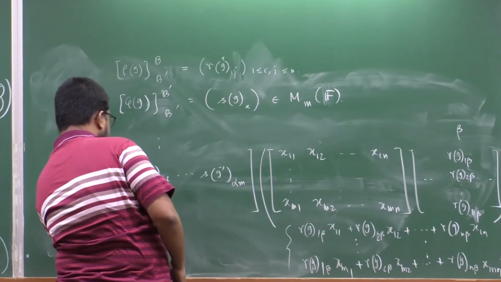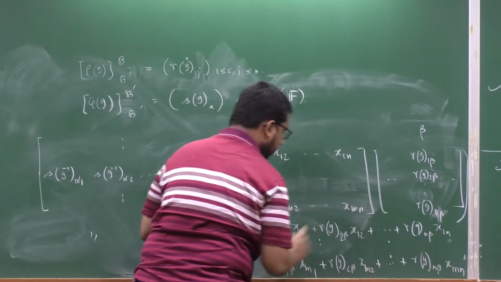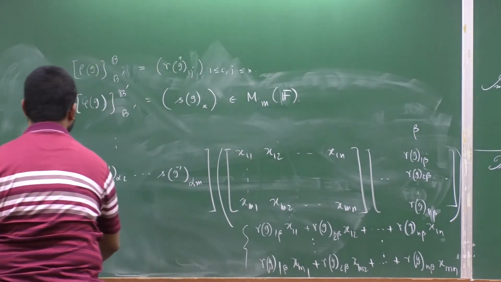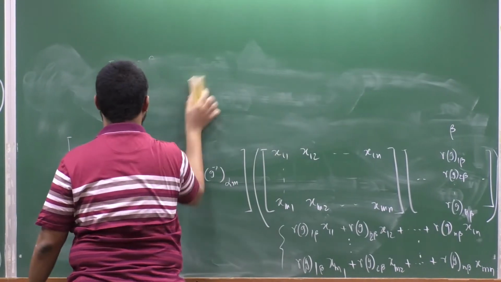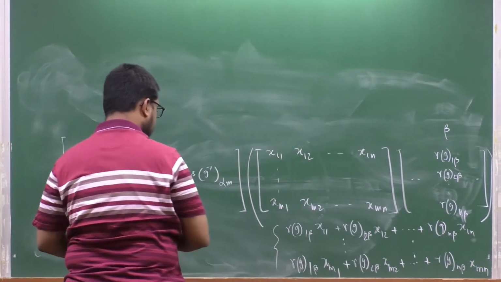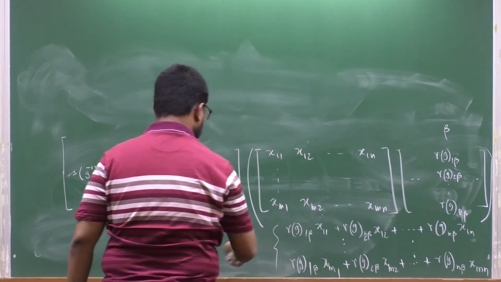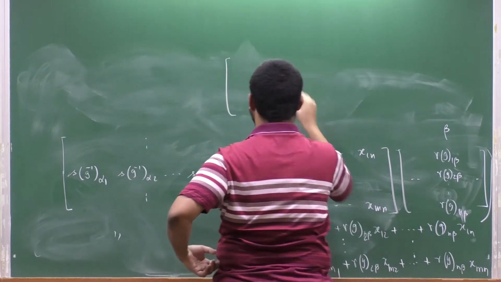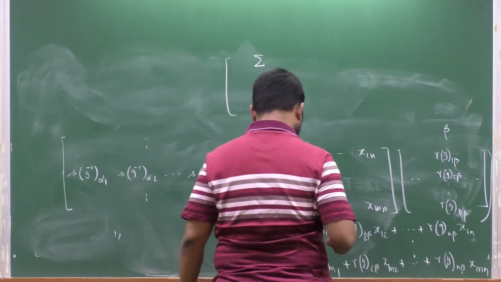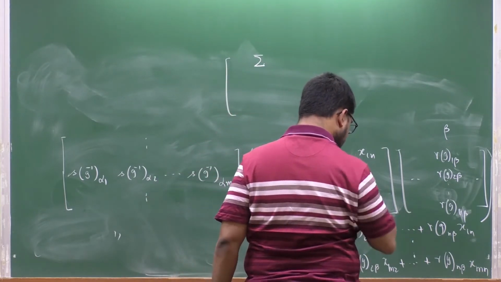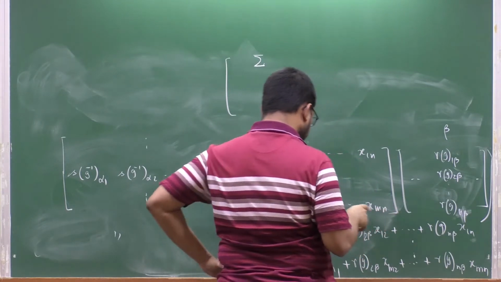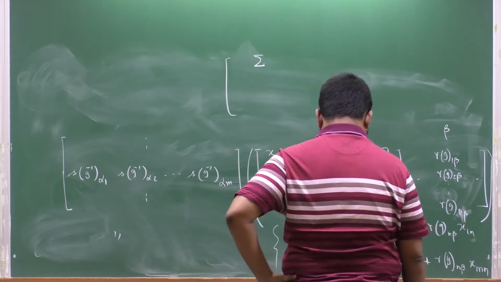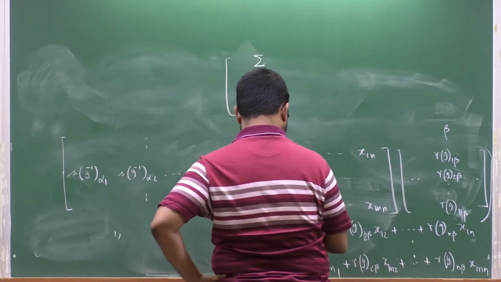So basically what we will do is, let me rather write this using summation, that will perhaps make it easier to see. Here the index goes from 1 up to n, and beta seems to be fixed.